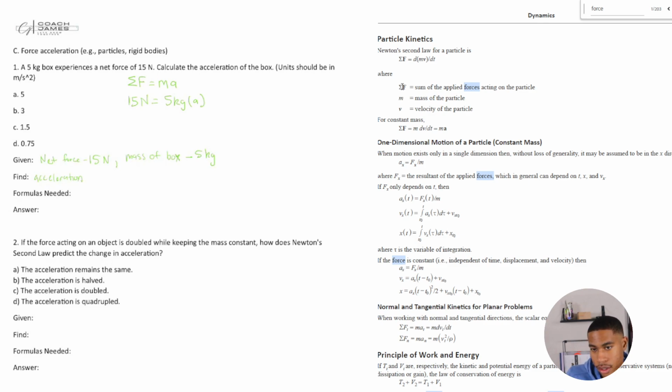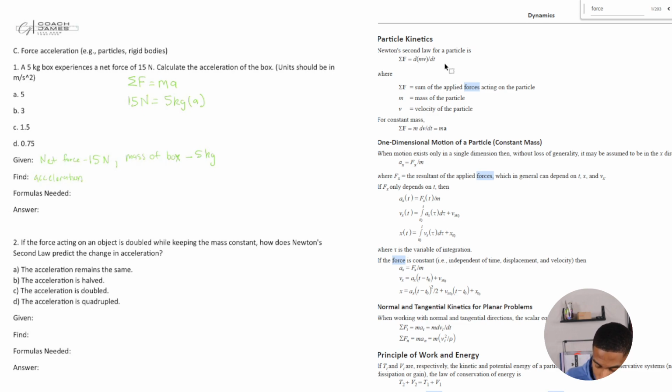If you didn't know this, the sum of the forces equals the sum of the applied forces acting on a particle, and m is the mass of the particle. Most of the time, the handbook is going to give us guidance on what these things are, but as long as you're doing practice, you'll know where to go.